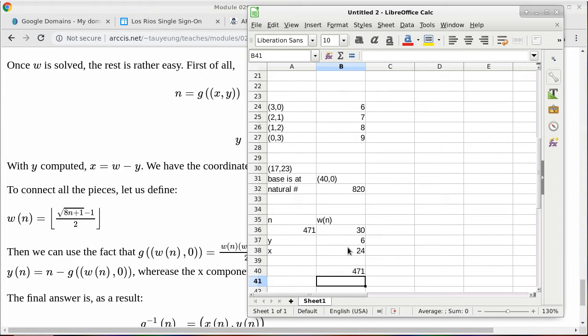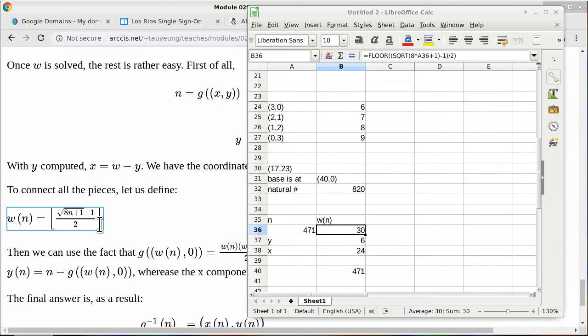Is that okay? Question? Using again to find just individually x and y? Okay. So this is what is given to you, 471. And then by applying the W function, which I just copied from my notes here, I get the W. But W is the sum of x and y.